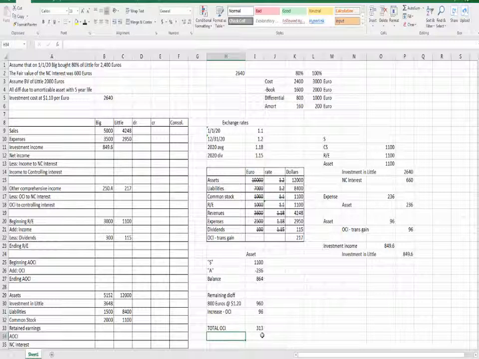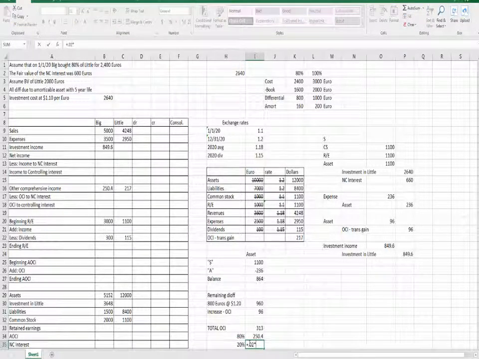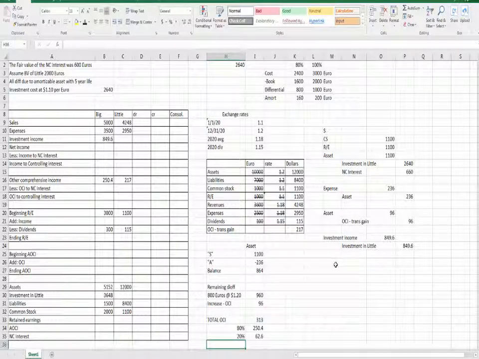That's going to be split 80-20 between the parent and the non-controlling interest. So 80% of that is going to be 250.4, which is exactly the number right there in our worksheet. The other 20% is going to go to the non-controlling interest when we get to the non-controlling interest entry.